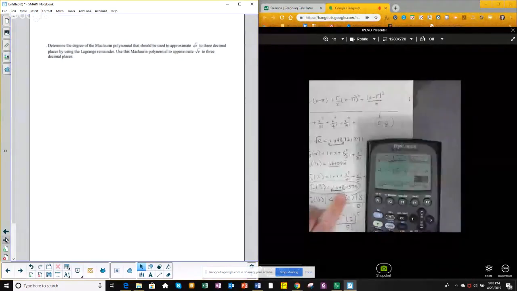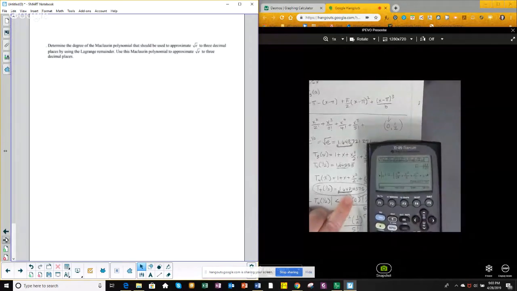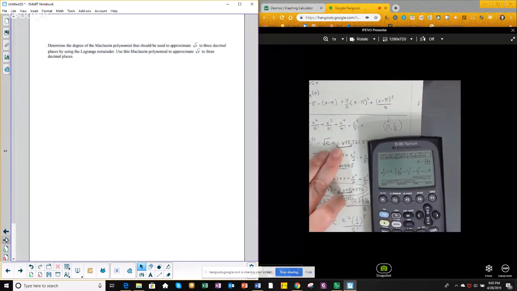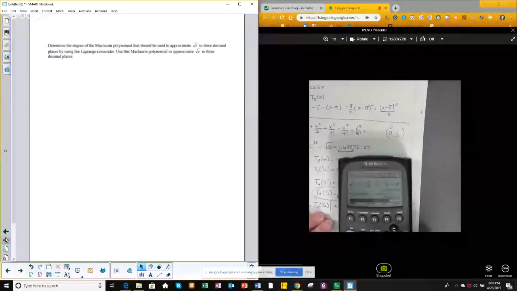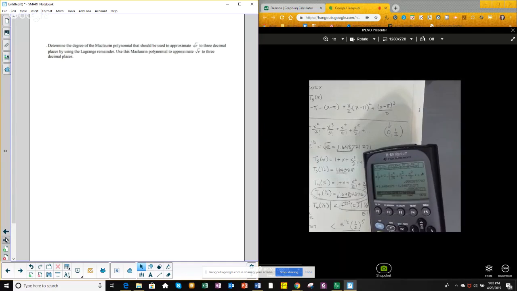Let's see, what happens if I subtract these two numbers? 1.648437 minus 1.648721271. Okay, well, so why is my Taylor polynomial not doing this right? Let's see, let's try another calculation. So this one is, no, I left a 0 off.